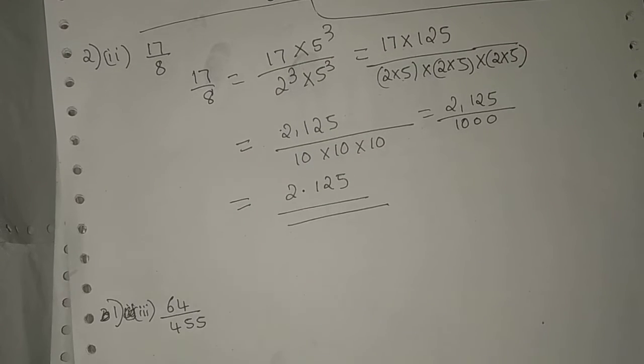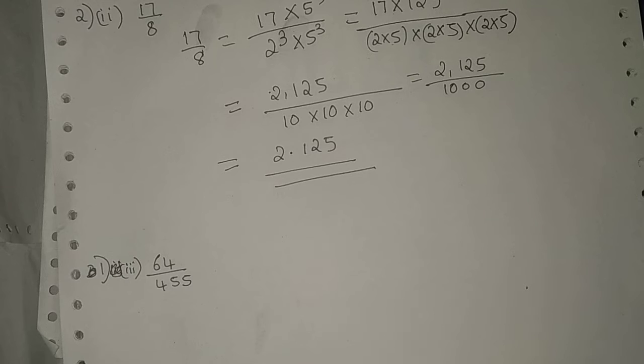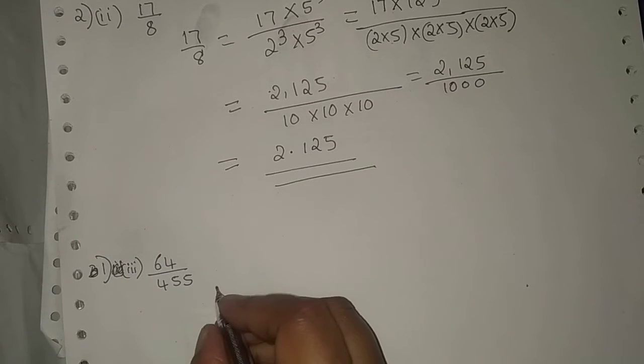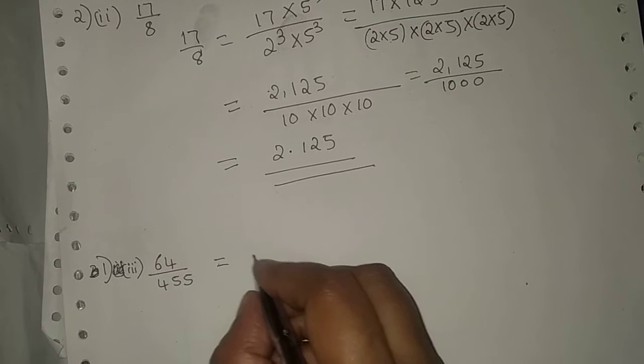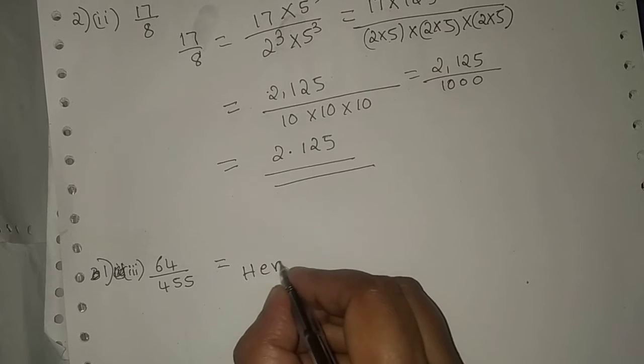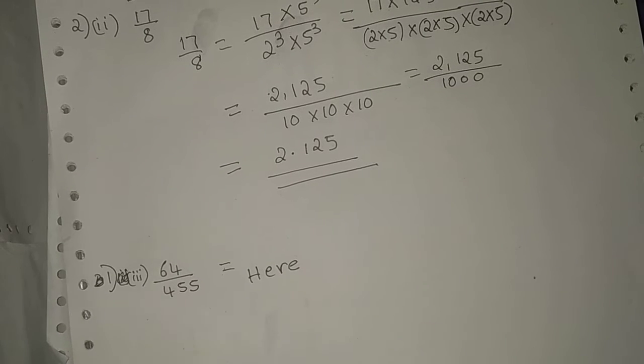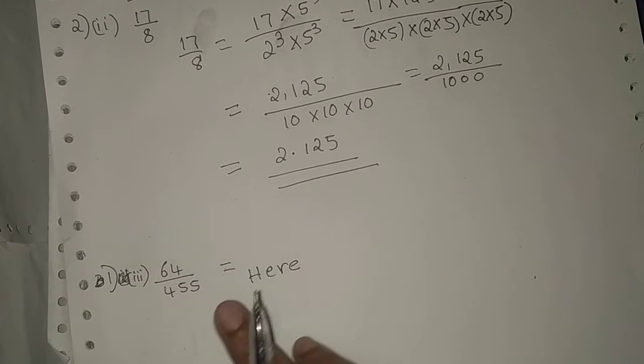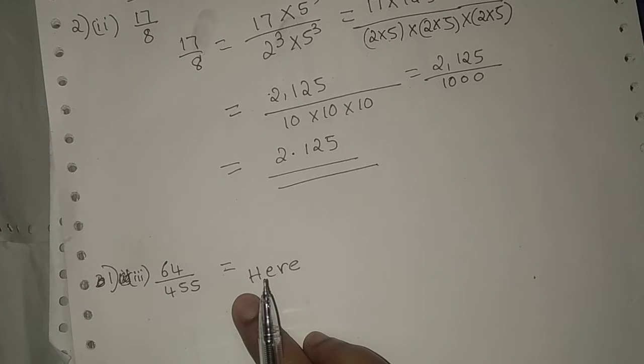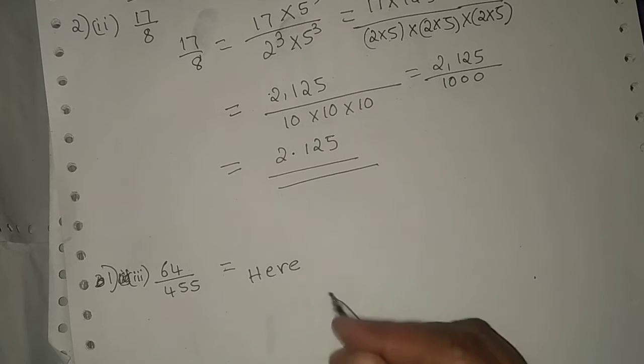So we'll move on to the third one. Third one is 64 by 455. Here same thing. I'm writing this for the first question, third.